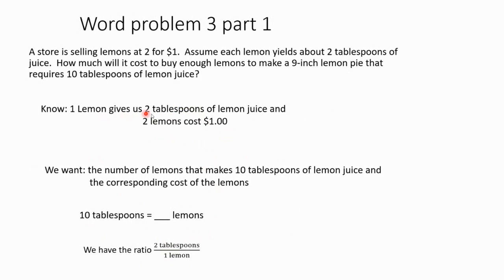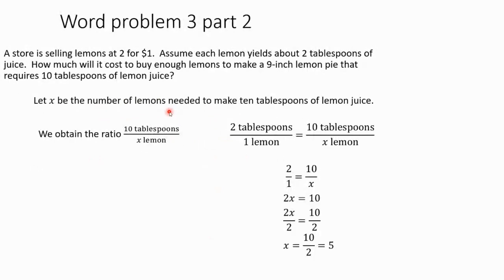That's given to us. That's the ratio based on given information. For the other one, we have 10 tablespoons per lemon, and we want to know how many lemons that is. We need 10 tablespoons, but we don't know how many lemons that is. Well, those are the ratios, so we make a proportion, like so, as you can see.